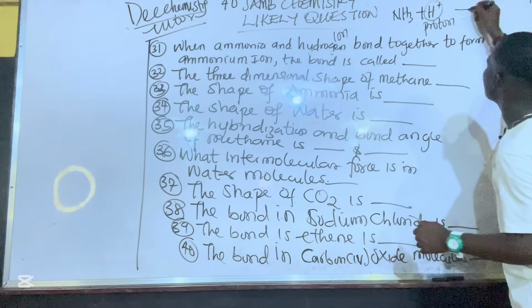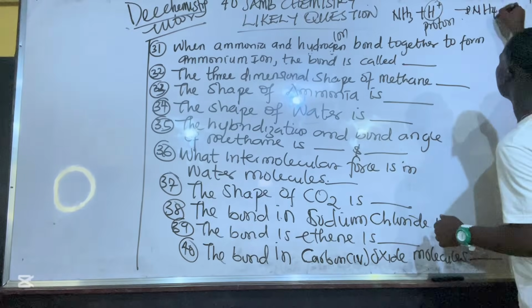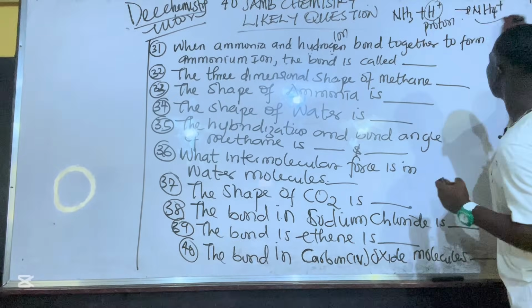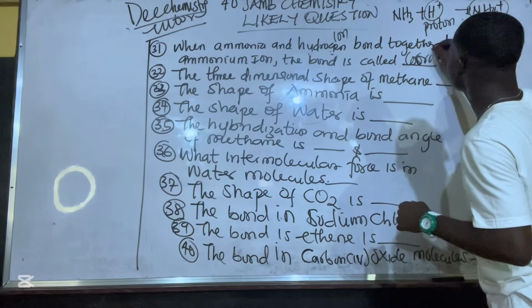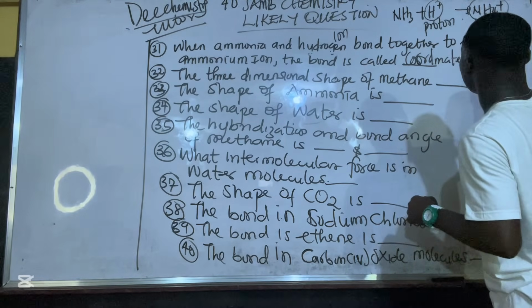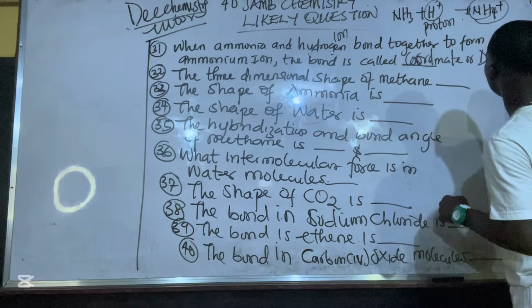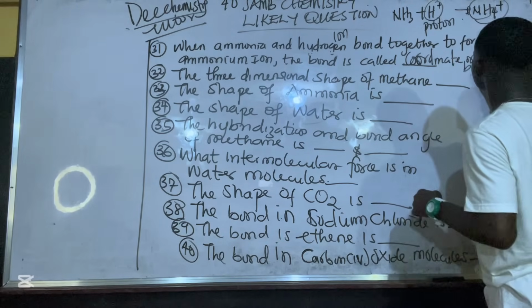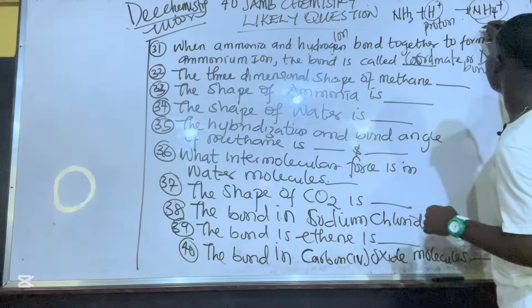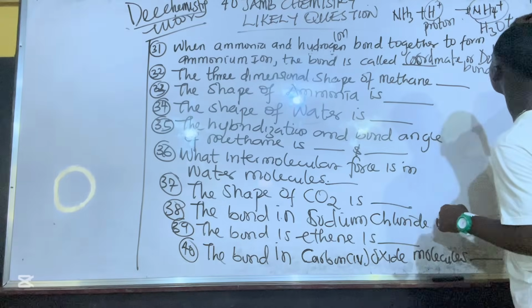So when this forms NH4+, we call this type of bond a coordinate, or what we call a dative covalent bond. You must know this. It's not only this one; you can see it in H3O+.